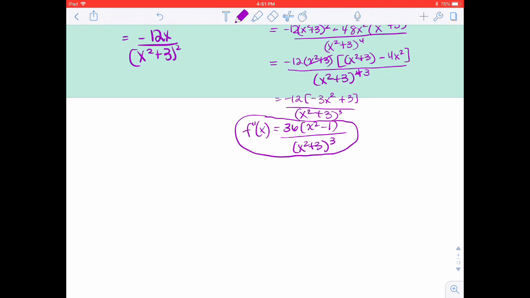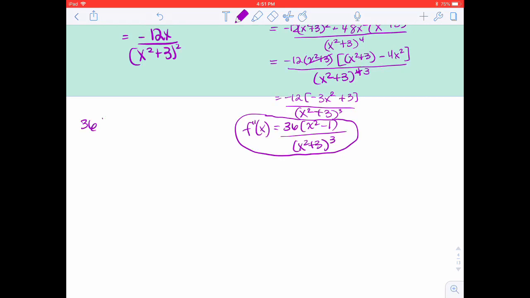Okay, so now what we need to do is find where the second derivative does not exist, as well as where it is equal to 0. Where it does not exist is whatever is in the denominator. That'll tell us where it doesn't exist, and the numerator is where it's going to be equal to 0. So let's set the numerator equal to 0.